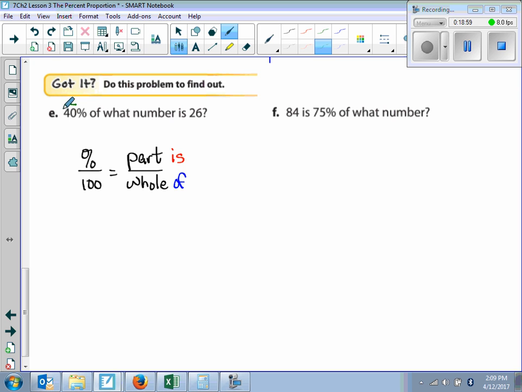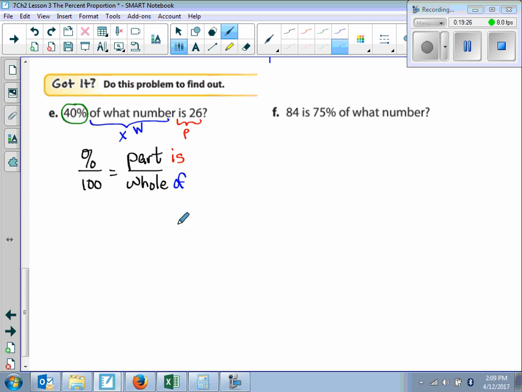That's the percent. Very good. The 26, what is 26? That's the is number, that's the part, right? Good. And then the of number is what we're solving for, that's our x. And that is which one? That's the whole. Very good.